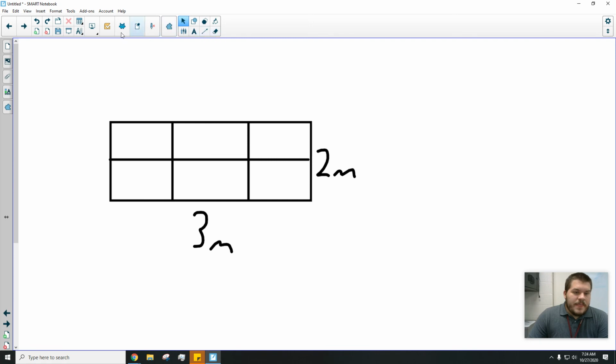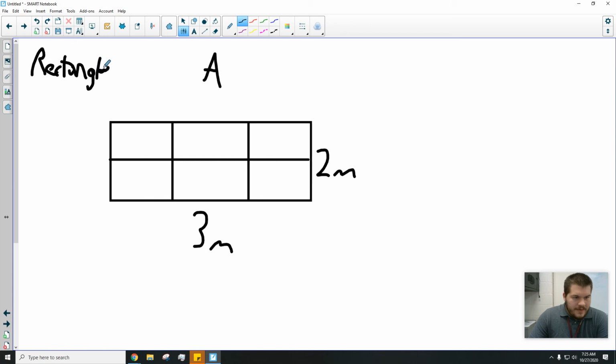All right, so if we want to find the area of the rectangle, we multiply, same as a square, length times width. But the difference here is that the length and the width aren't the same.